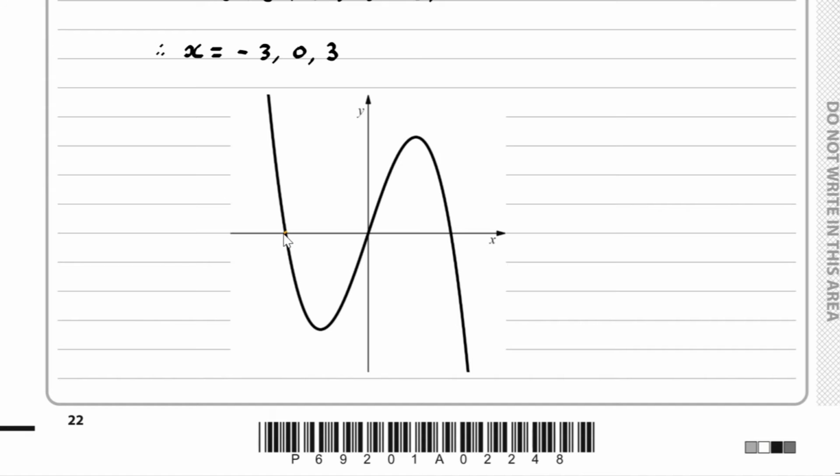And it crosses the x-axis at the point negative 3, 0, the origin, and also the point 3, 0. Here is the graph of y equals 9x subtract x cubed.